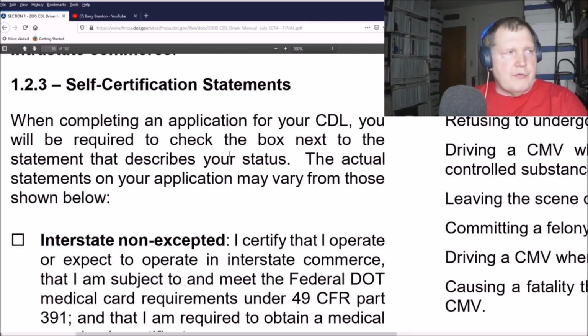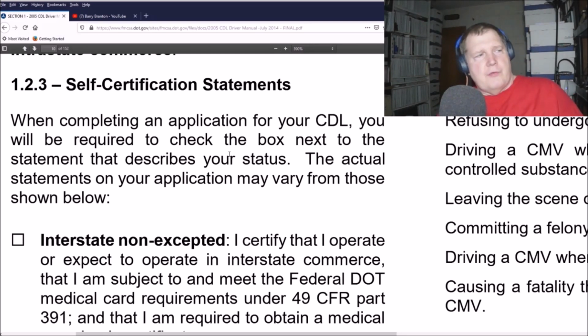That's 1.2.3. Self-certification statements. When completing an application for your CDL, you will be required to check the box next to the statement that describes your status. The actual statement on your application may vary from those shown below.